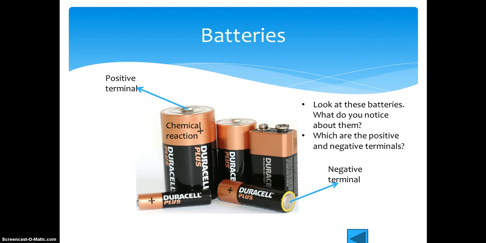Can you observe some differences between the positive and negative terminals? Well, if you noticed, the positive terminal has this thing jutting out, and the negative terminal is very flat. Alright, so this is the difference between the positive and negative terminals.